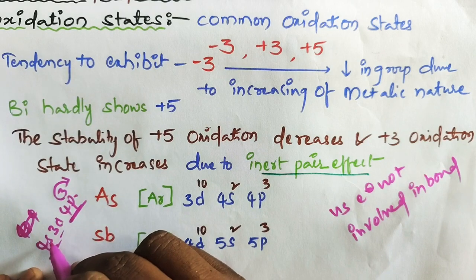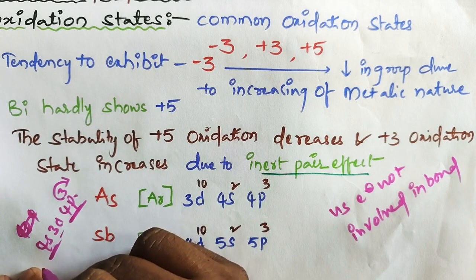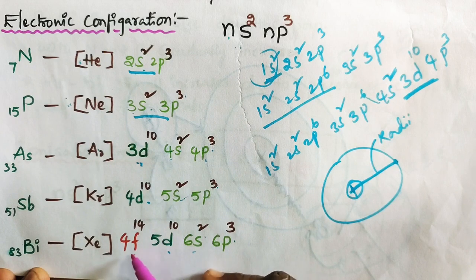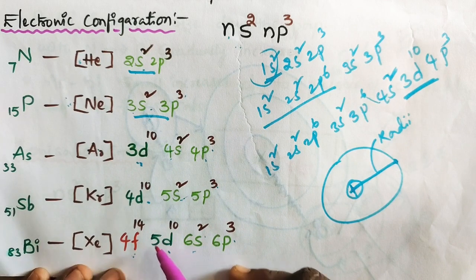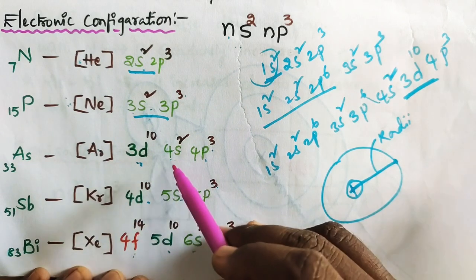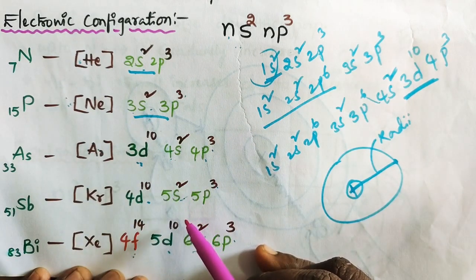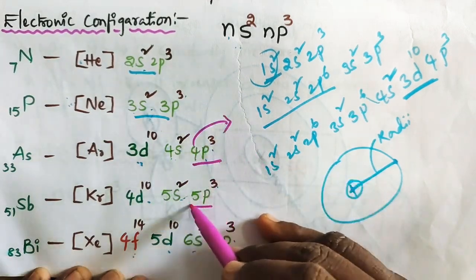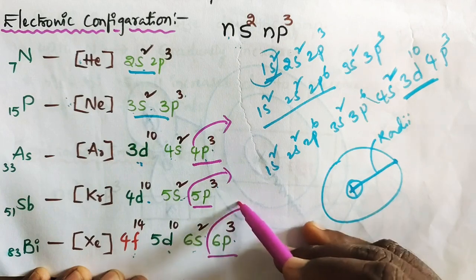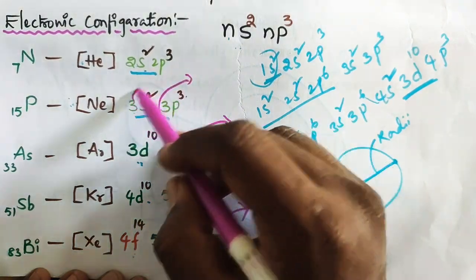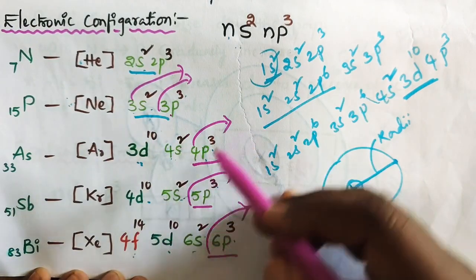Because these are present on the inner side, the 3d, 4d, 5d, 4f orbitals are present. Due to the presence of these orbitals, the s electrons, 4s, 5s, 6s, are not involved in any bond formation. So only the p electrons are going to be involved, and these are lost easily.